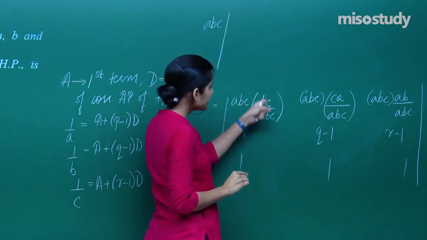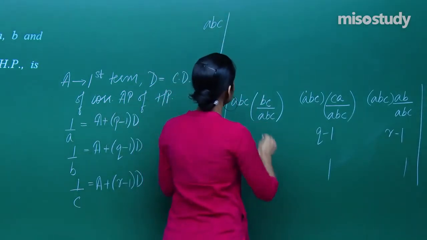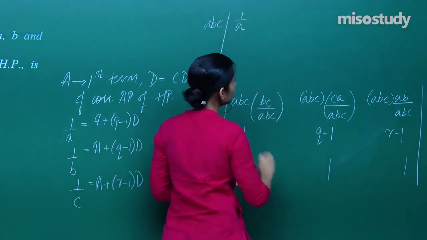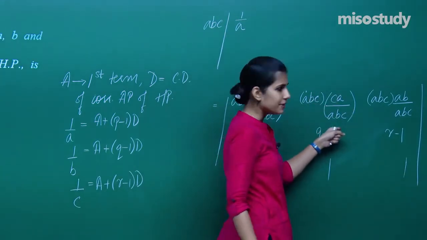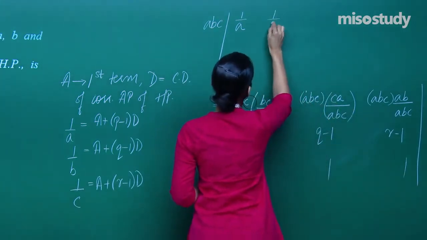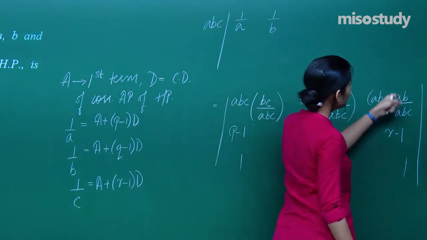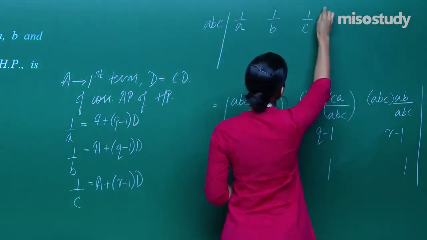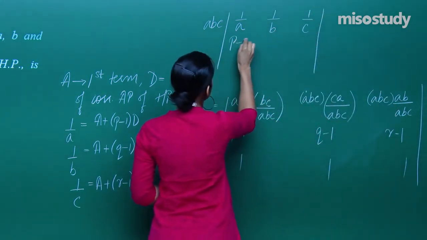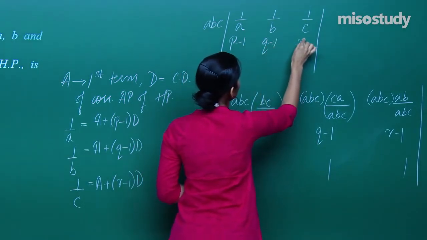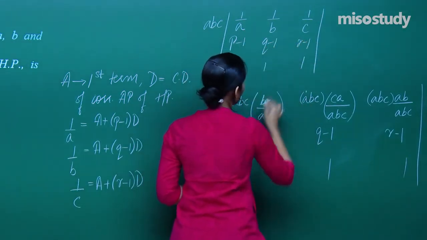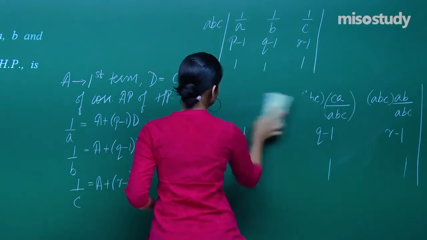You are left with BC upon ABC, which is 1 upon A, CA upon ABC, which is 1 upon B, and AB upon ABC, which is 1 upon C. Then you have p minus 1, q minus 1, r minus 1, 1, 1, 1.